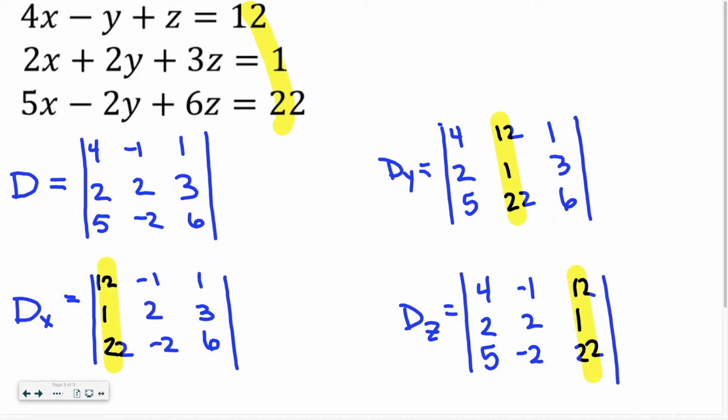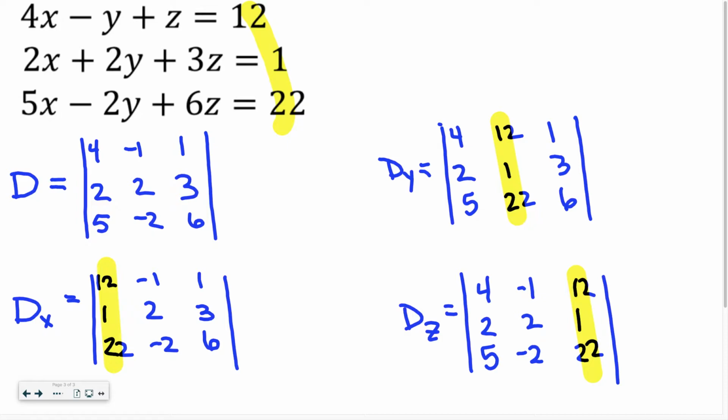Just to save time for us here together as a class, let's break up the work. Okay? If you sit in pods 1 or 2, please find the determinant of matrix D. And check each other to make sure we're all getting the same thing. If you sit in pod 3, then I'm going to have you find D sub x.